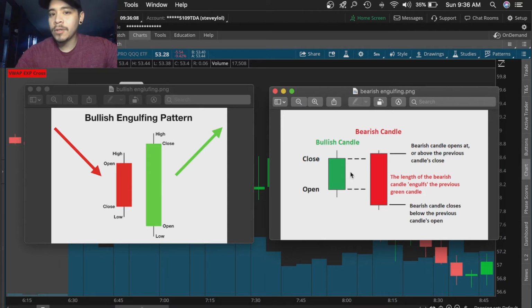Buyers push price up. It says the length of the bearish candle engulfs the previous green candle. So sellers are so aggressive that this green candle price action is engulfed by all the sellers pushing in this candlestick.